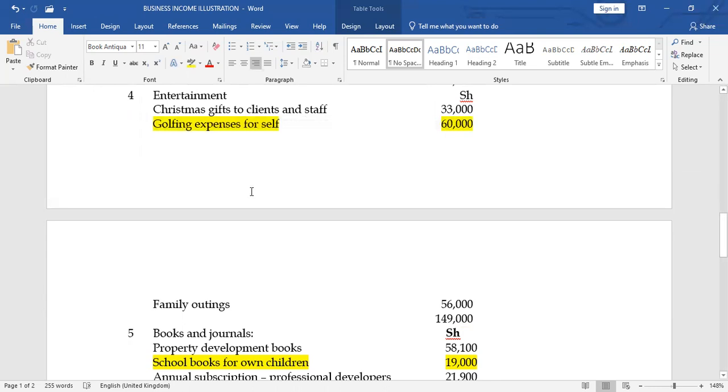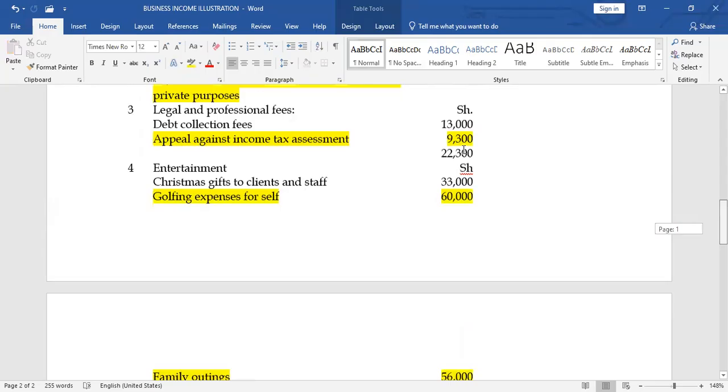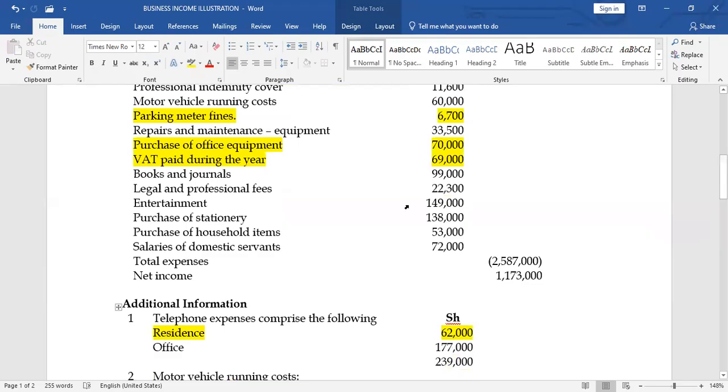But when you play golf for yourself and when you go on an outing with your family, we say those are not business operating expenses. Your family outing is not part of your business. It's not within the operation of the business. So those ones we disallow.